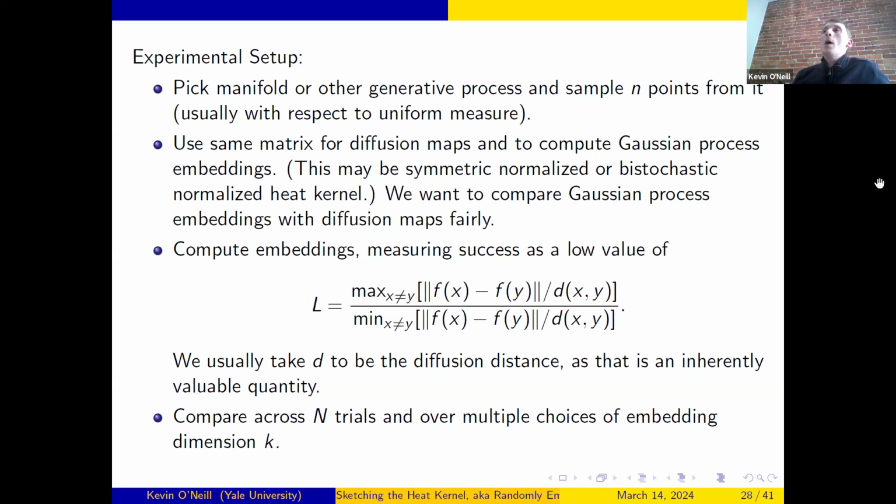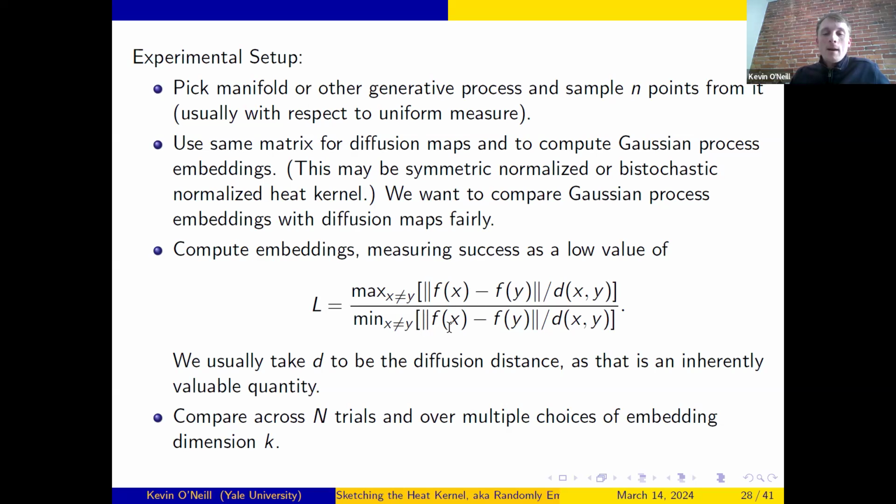What we need to do then is compare the two embeddings. We need to measure success in some way. So what can go wrong with an embedding? Well, you can take two points which are a certain distance apart, and you can send them very, very far apart, or you can send them very, very near. So the numerator here is the maximum stretch of any two points under the embedding, where f is now the embedding.